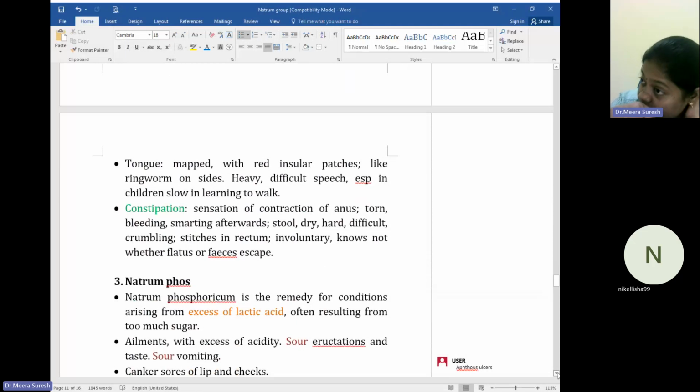And this feature, the constipation, is actually a characteristic feature of the muriaticums. So if you go for the drug Ammonium muriaticum, then the next one, Magnesia mur, Natrum mur, all these muriaticums, they have this constipation where the anus seems to be contracted and they have that crumbling stool.